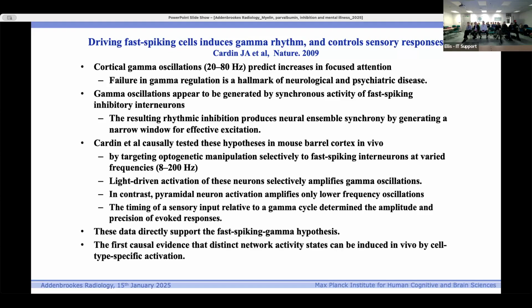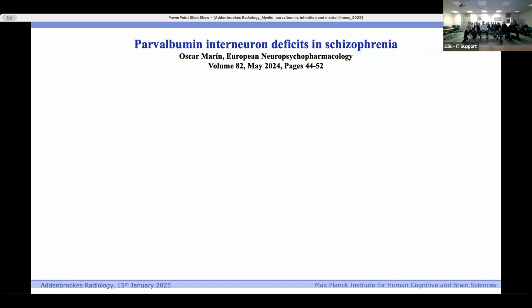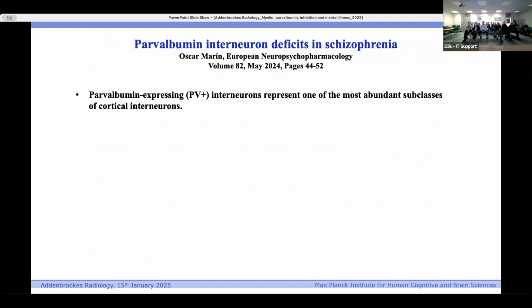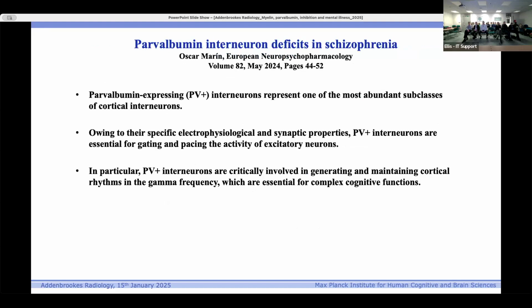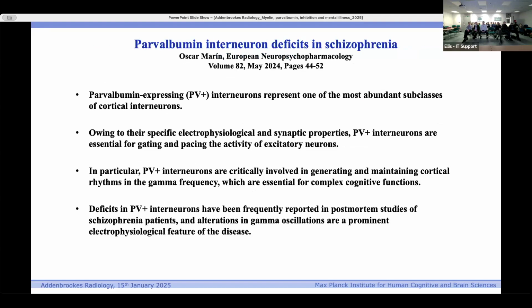The first causal evidence that distinct network activity states can be induced in vivo by cell type specific activation, in this case, parvalbumin cells. Here's a paper on parvalbumin interneuron deficits in schizophrenia, by Oscar Moran, 2024.